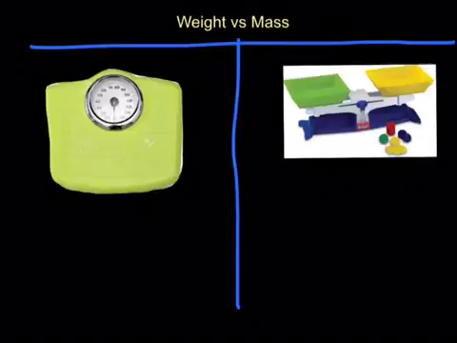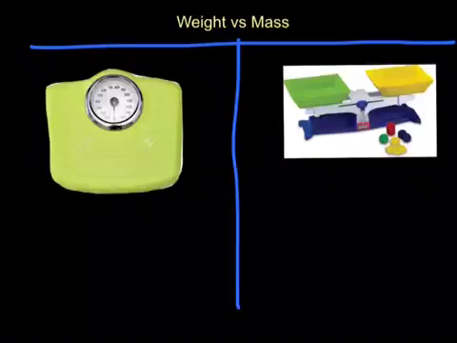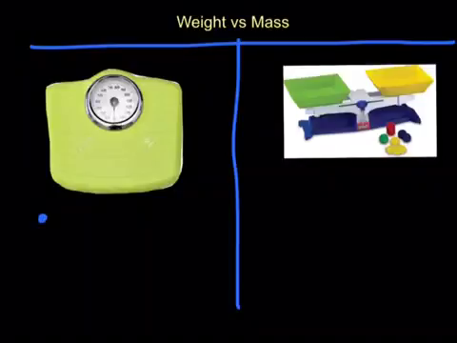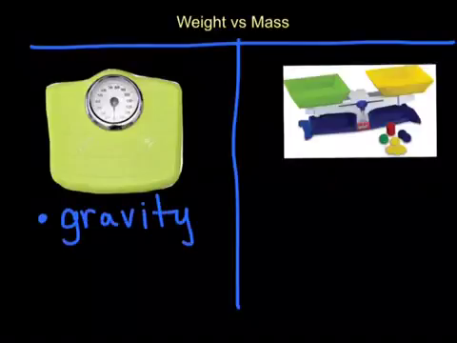When we talk about how much something weighs, that is based on gravity. How much something weighs is determined by the weight of gravity pushing down on the object.